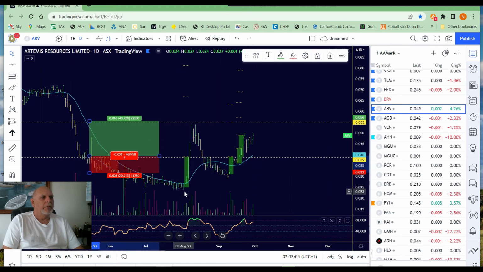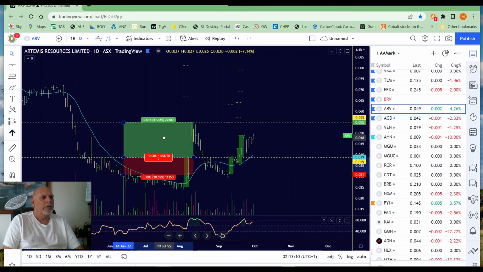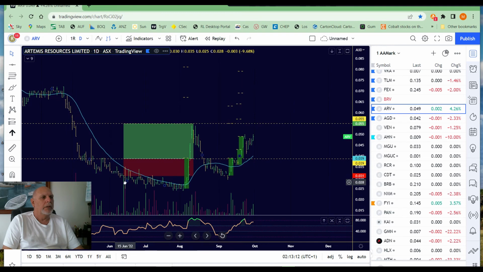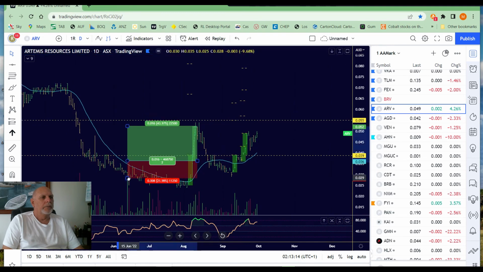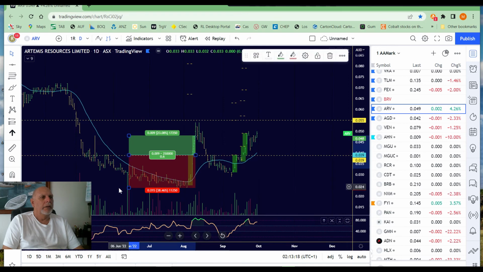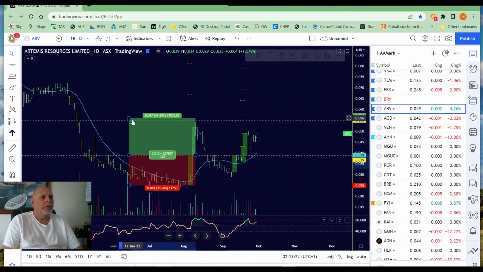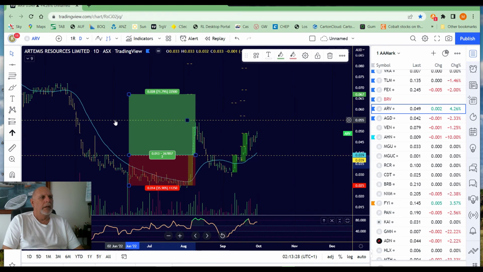It didn't make any extensions either, so it's just the straight 2 to 1 up to there. Bring that back up to here, up to 2, so watch this figure here, and there's our level.